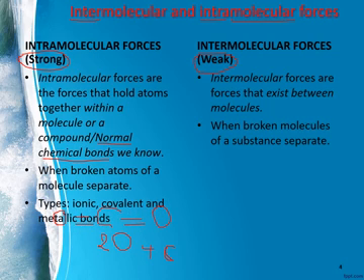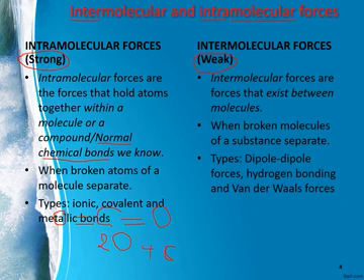The types we have for intramolecular forces, we said that they are ionic, covalent, and metallic bonding, while for intermolecular forces, we have these main types. We have dipole-dipole forces, hydrogen bonding, and van der Waals forces, which are also referred to as dispersion forces, London dispersion forces.